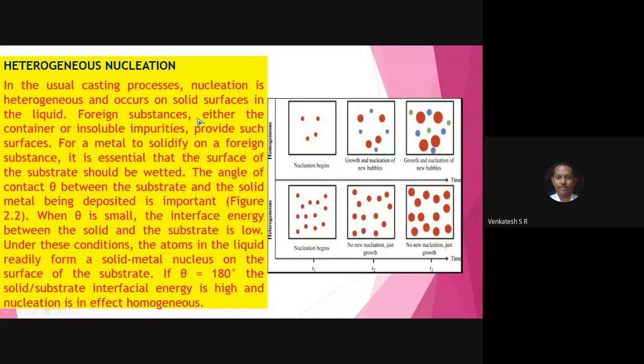silica in aluminum alloy duralumin, in bracket write down aluminum alloy, and lead, zinc and tin in brass, copper alloy.